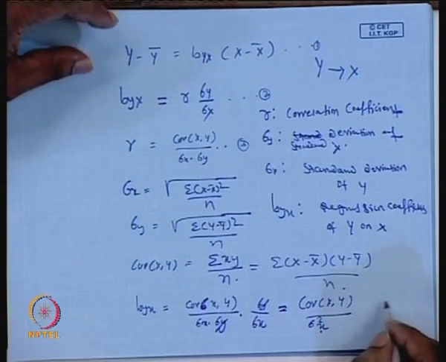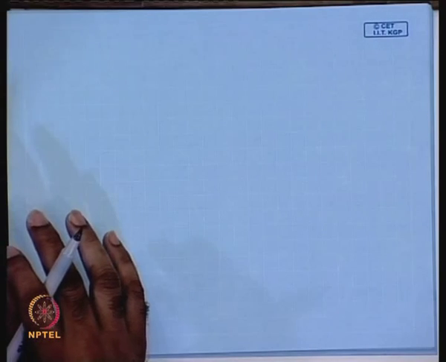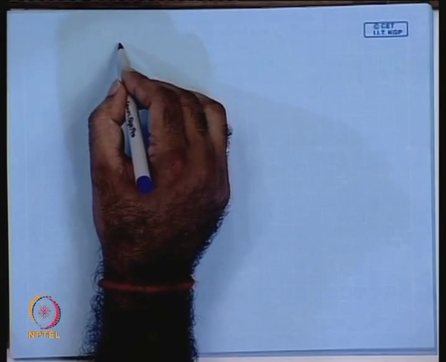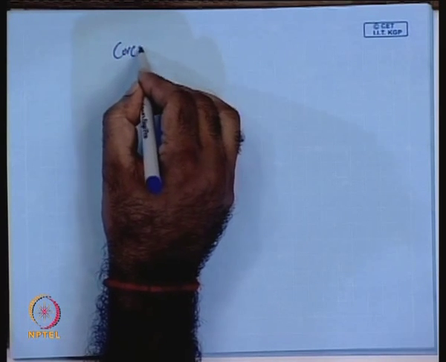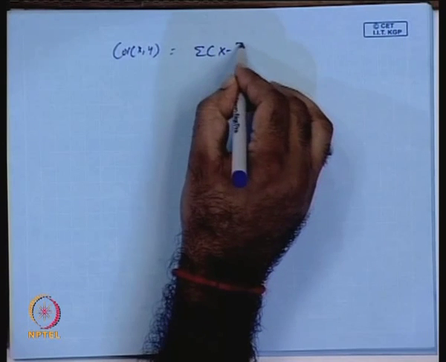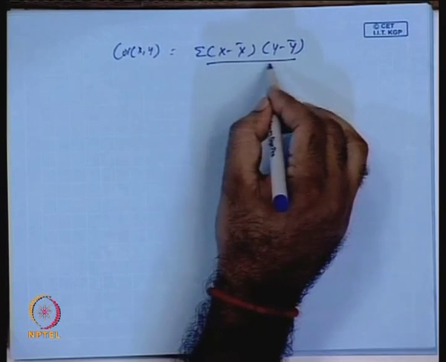So, it is nothing but covariance of xy divided by sigma square x, that is nothing but the variance of x. Now, this covariance of xy is nothing but summation of (x minus x bar) into (y minus y bar) divided by n.